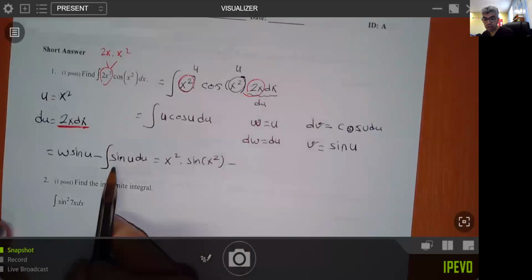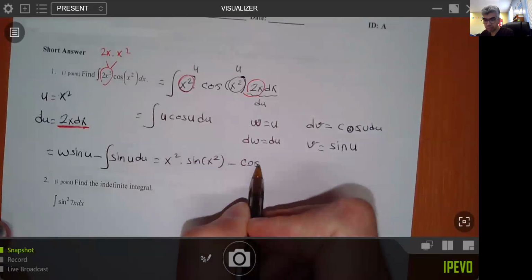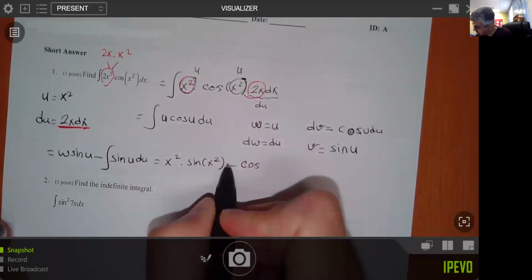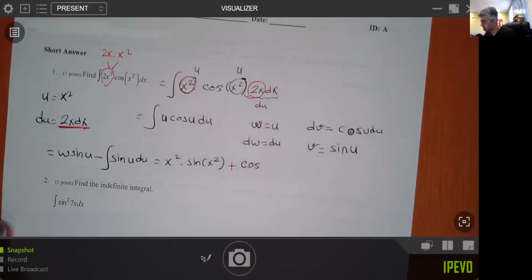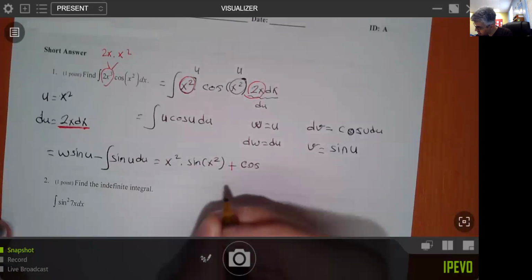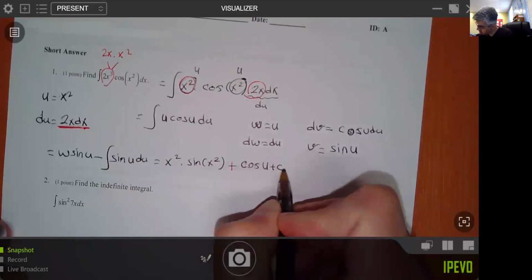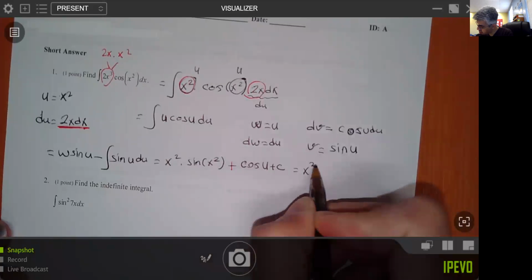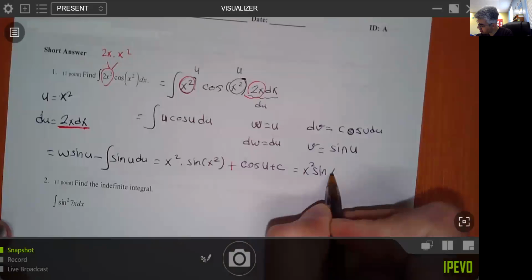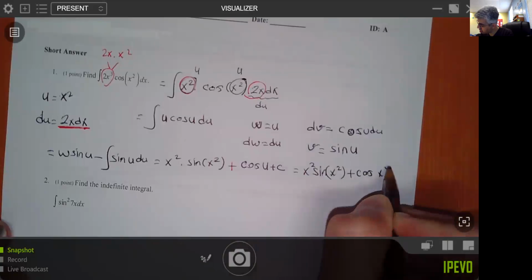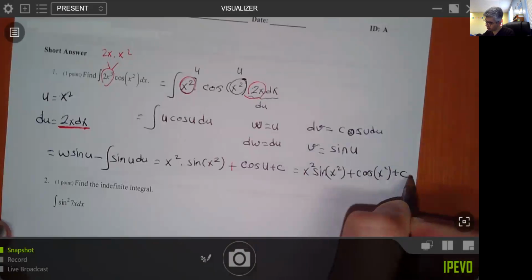The integral of sine u is what, guys? It is minus cosine u, okay? So minus minus, I should have plus here. Plus cosine u plus c. So the final answer is x squared sine x squared plus cosine x squared plus c.